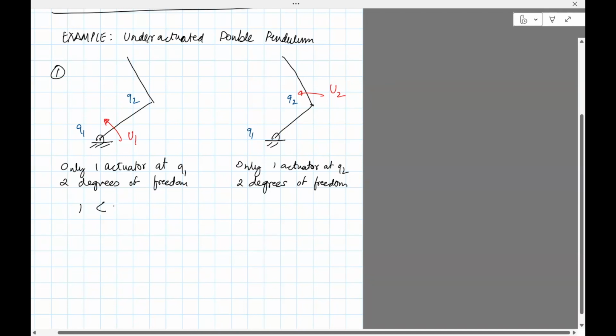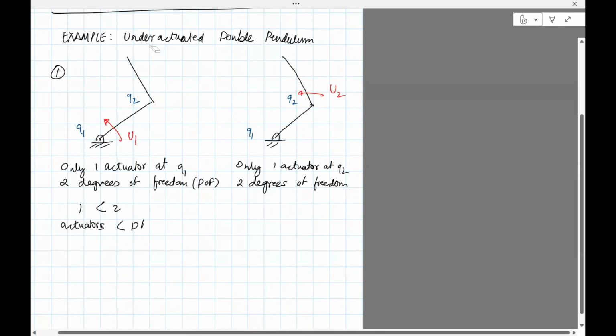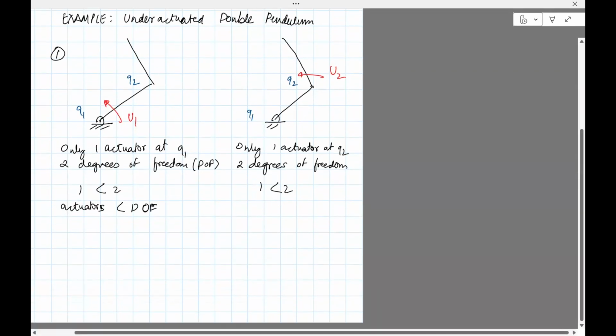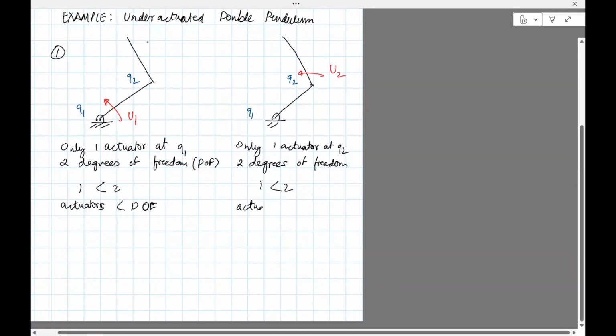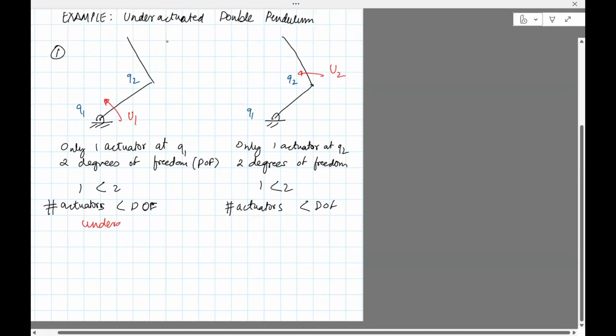So 1 is less than 2. Again, 1 less than 2. The number of actuators is less than the degrees of freedom. So these systems are underactuated.